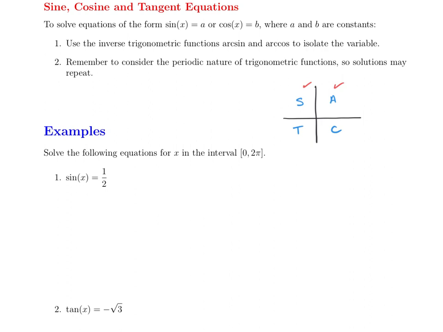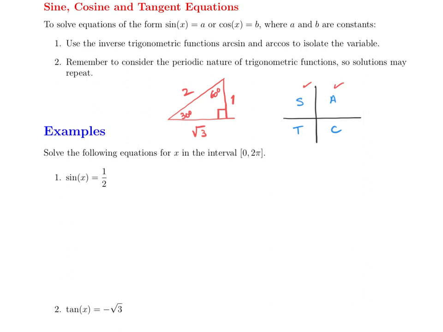Now, the next thing is which reference angle gives you 1/2. And remember, if we go back to the special triangle which we have used many times, if this is 30 degrees and this is 60 degrees, remember this is 1, this is radical 3, and this is 2.